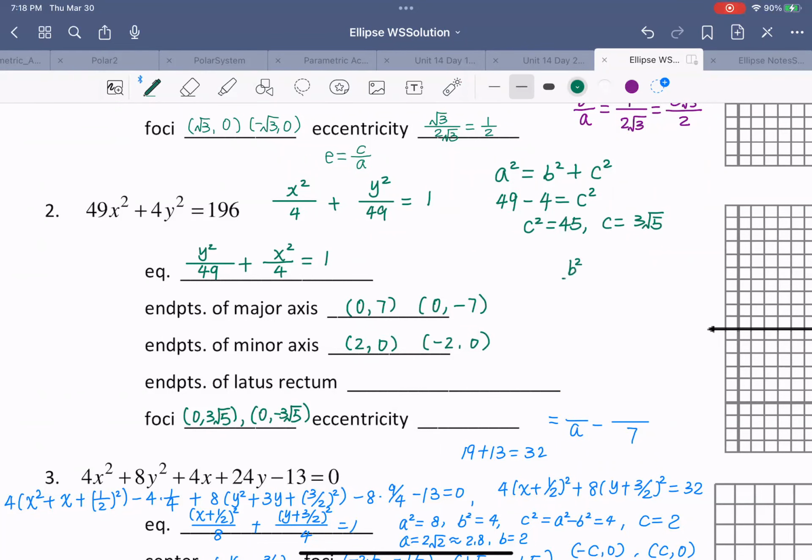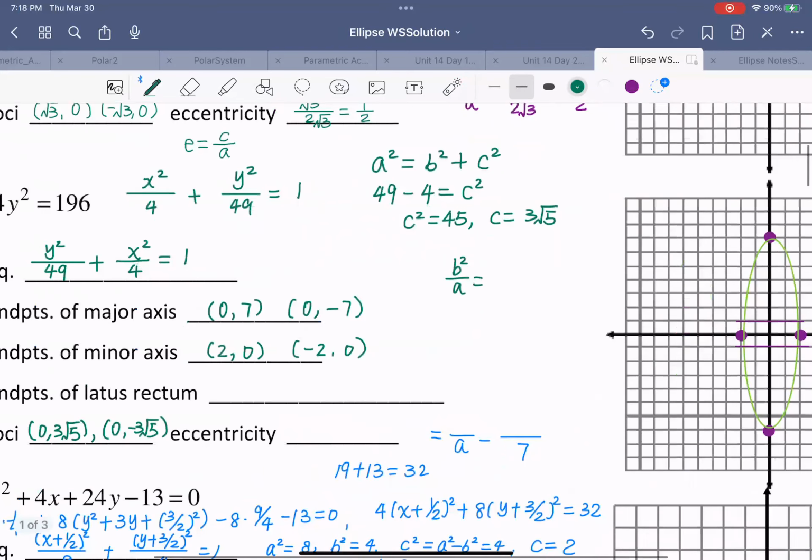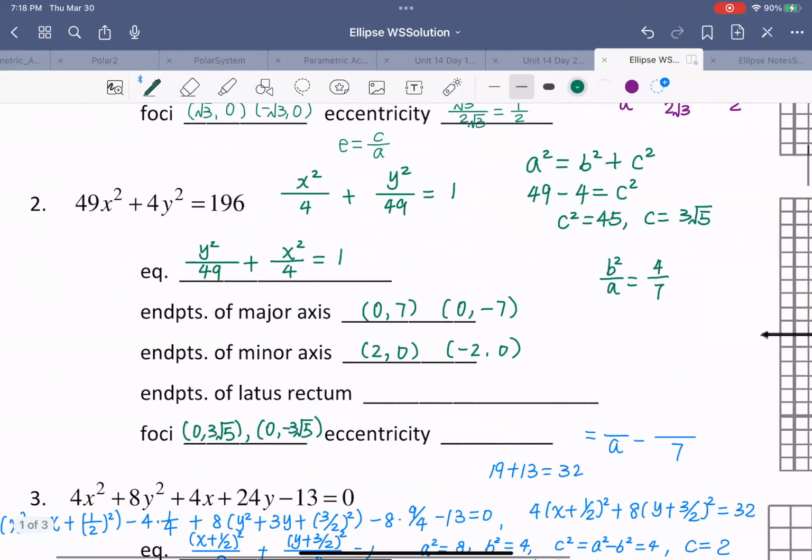So b squared is 4 and a is 7. So you will do plus minus 4 over 7, right? And then copy down this. And then same thing for the other one, but you have a negative. Does this make sense?